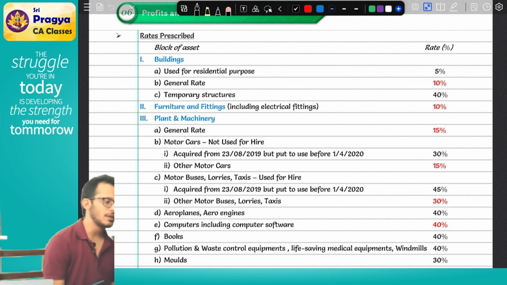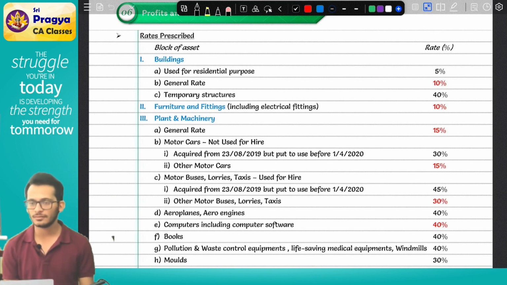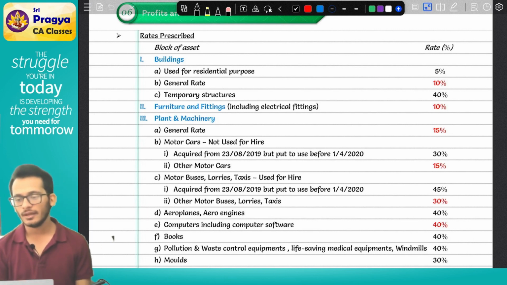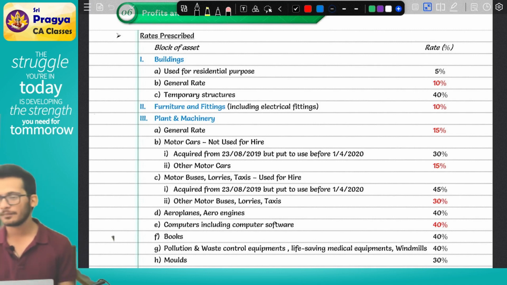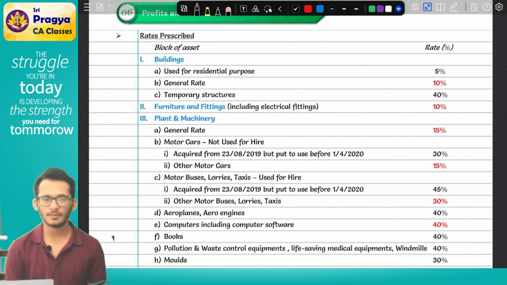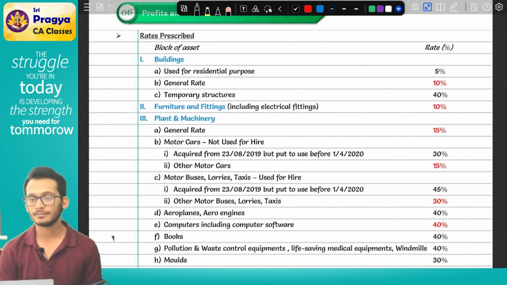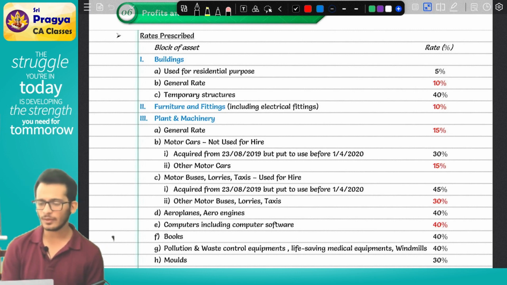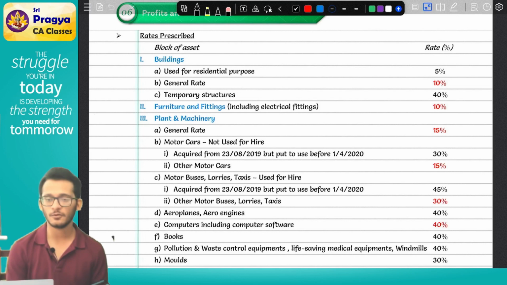But if I find out that you are using this building for accommodation and residential purpose, it will become 5%. Hey, question to you. You have a building. Is this building for business purpose or personal purpose? Business purpose. Then only you can claim depreciation. Now you have a building for business purpose. How can you have a building in business for accommodation?